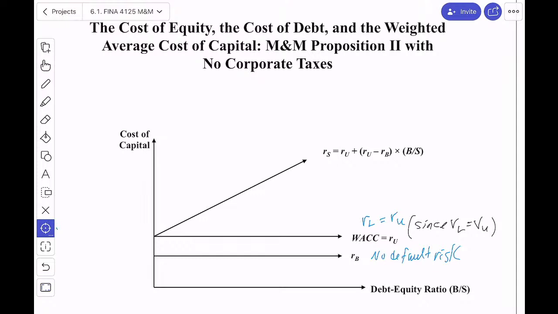So these are the different players. These are the average investors in the levered firm, but this is just the shareholder in the levered firm. Exactly. So this is the result of leverage, right? Or taking on debt.